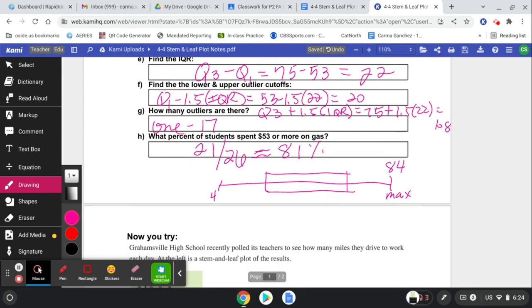So this goes down to a 41, and then my outlier goes way out here, 17. So this goes from 53 to 75 and then 65. So Q1, Q2, Q3. How'd you do? Do you remember how to draw those?